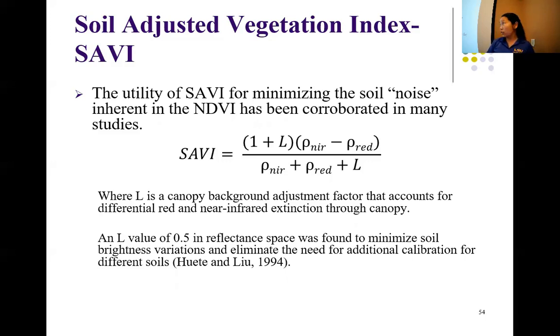So if you're interested in a certain type of study, let's say the early growth stage in an agriculture field, where your plants typically have a small leaf area index and you can see more soil background, you can use this method to see whether it is helpful.